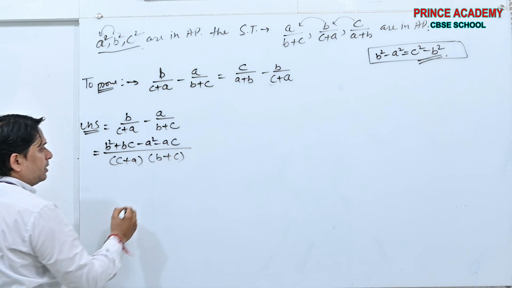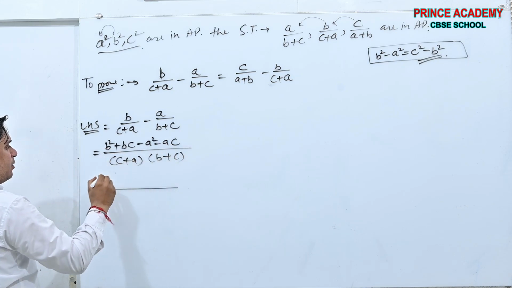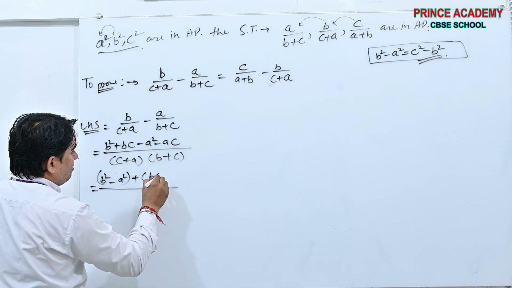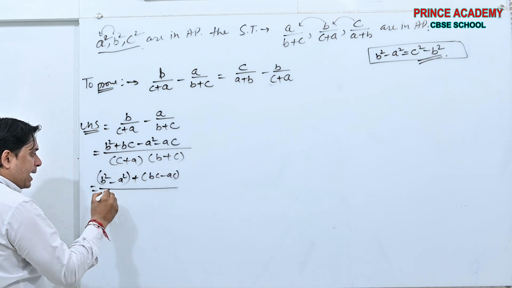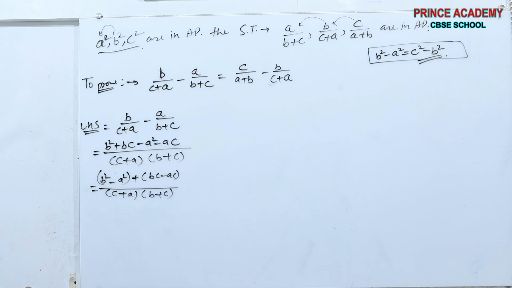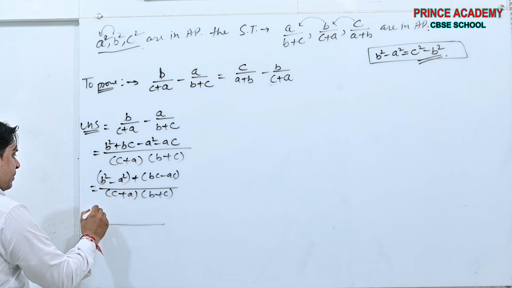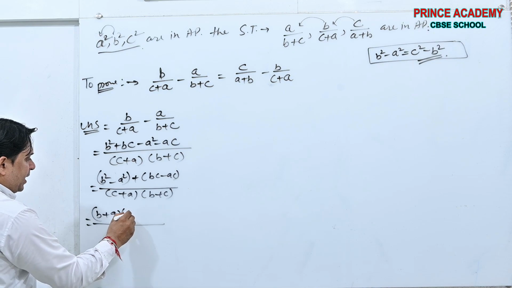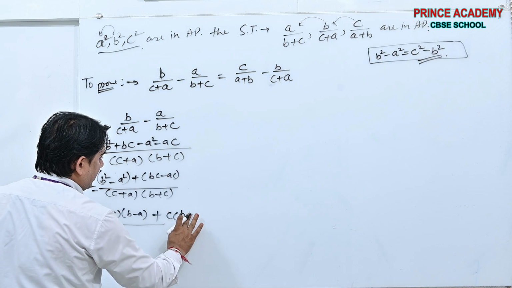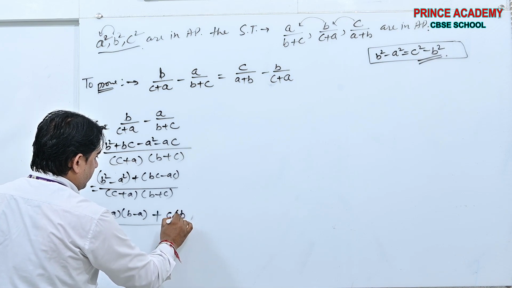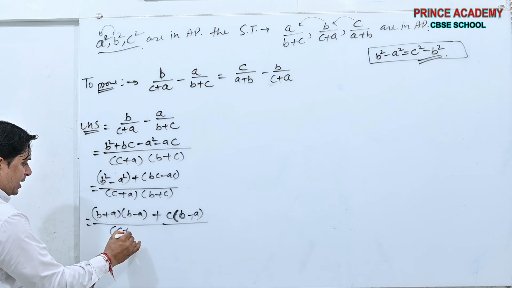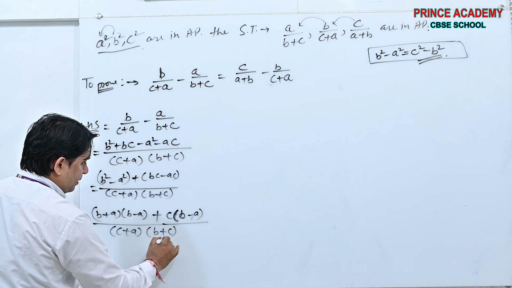What I am doing? b square minus a square put together plus bc minus ac put together, by (c plus a) and (b plus c). Now see beta, b plus a, b minus a can be written. Here c can be taken as common, b minus a will be there, divided by (c plus a) and (b plus c).